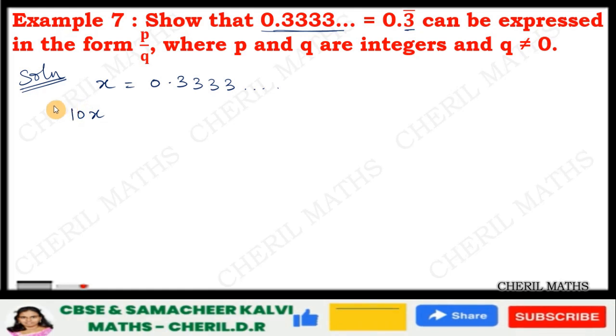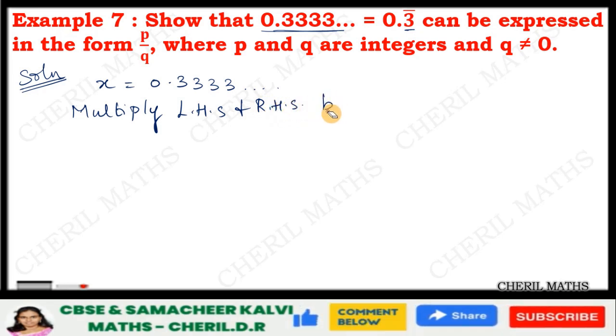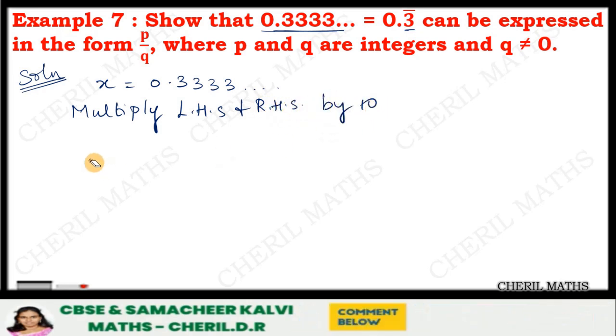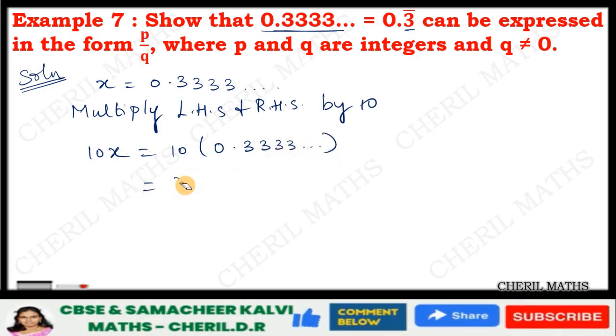So what we are going to do here is multiply the left hand side and the right hand side by 10. So you are going to get 10x is equal to 10 into 0.3333 and so on. What you will get here is 3.3333 and so on.